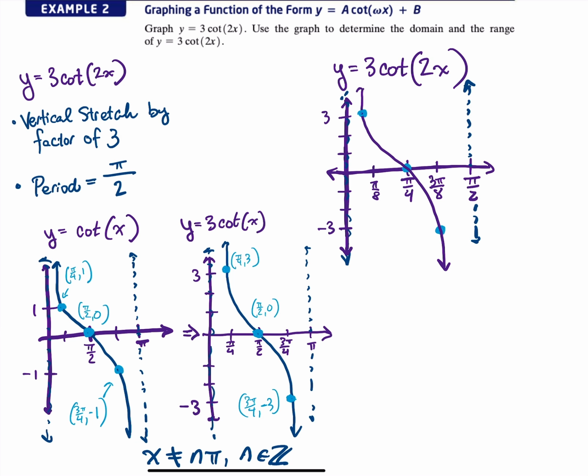And then let's label these points. So instead of pi over 4, 3, which we had down here, this would be pi over 8, 3. This will be our point pi over 4, 0. And then this will be 3 pi over 8, negative 3.